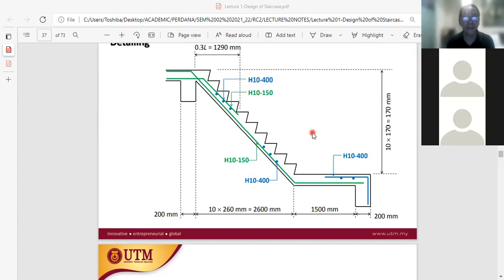The same applies juga pada slab, and the same applies kepada staircase. So we look at example number 1 where the span is approximately 2 point something meters, 2.8, and we have a second example where the span has been increased to 4 point something meters. Therefore the thickness between example 1 dengan example 2 ni berbeza.